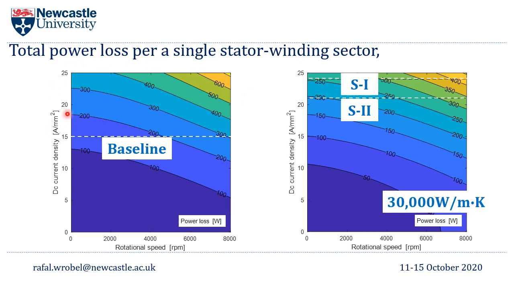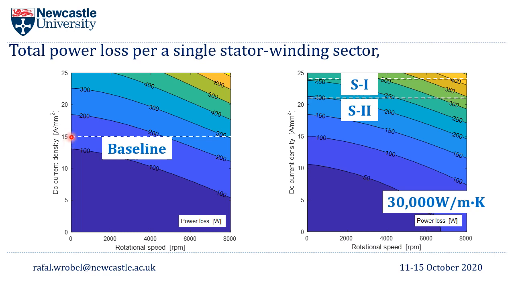This is represented here as contour plots for 180 degrees C temperature of the winding, the hotspot temperature, versus rotational speed and DC current density, and that's been derived for maximum torque per amp to provide a clearer view on both losses and then heat transfer effects.